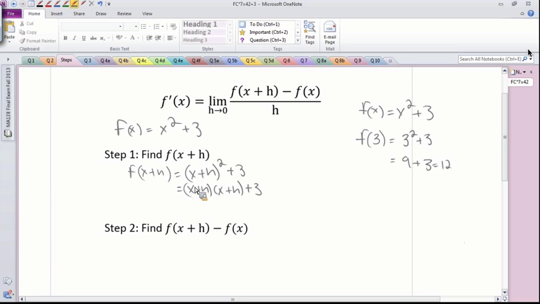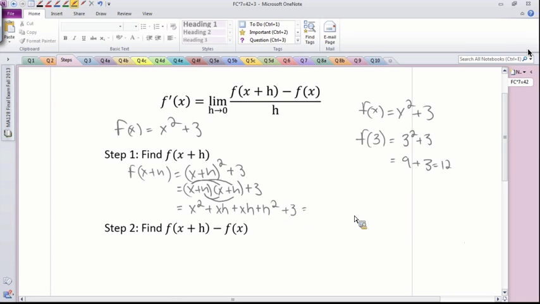I'll FOIL this out, so it'll be x times x, x times h, h times x, and h times h, which will give us the answer x squared plus xh plus xh plus h squared plus 3.